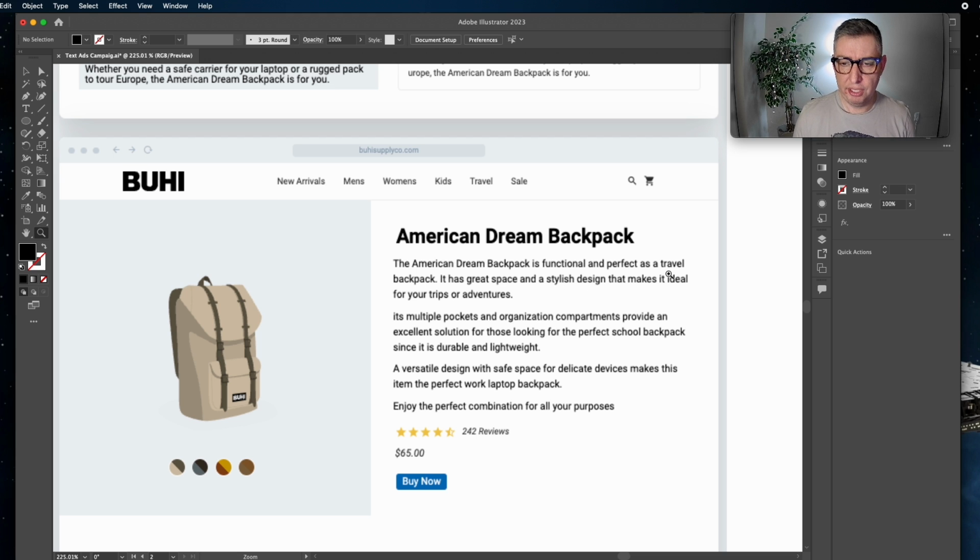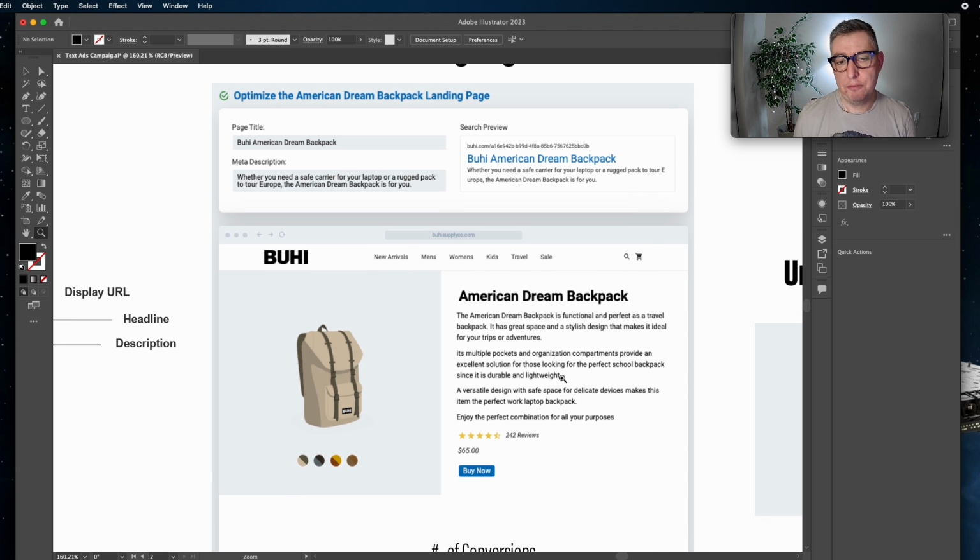So if you notice here, I have travel backpack on top, the name of the product, and in here as an exact match keyword. But here I also have school backpack, and I have work laptop backpack, which are the three keywords that I'm targeting in this specific landing page. And I'm expecting people from these three different audiences to get to the same landing page.